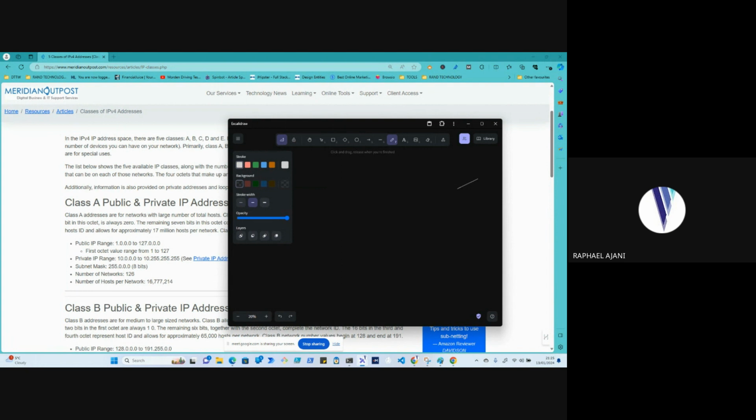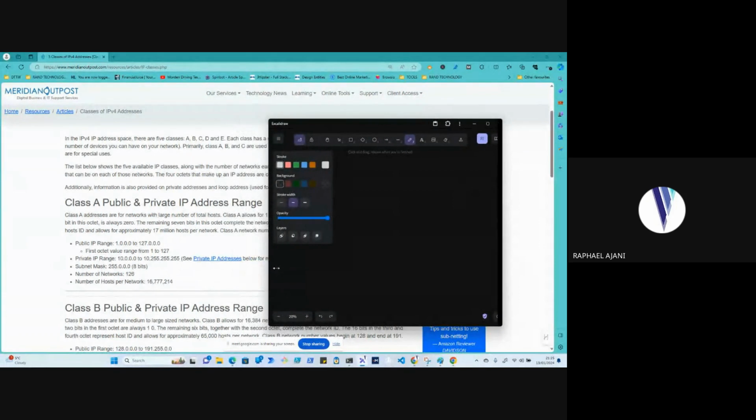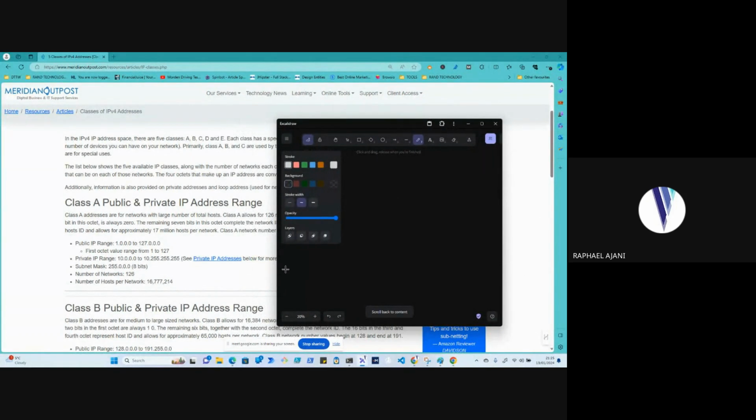But the class A categorization is just telling you the number of networks that you will have access to when you decide to use a class A addressing scheme. You will have access to fewer networks and thousands of hosts. Do you understand? And the thing that defines the host is now the 255 that Emeka mentioned, the 255 octet number.